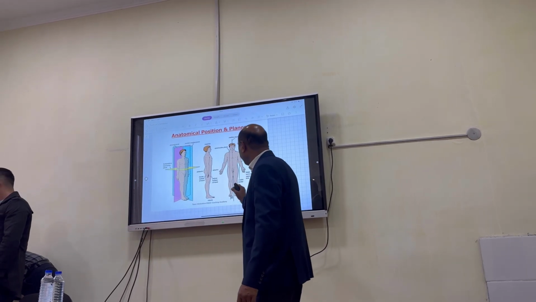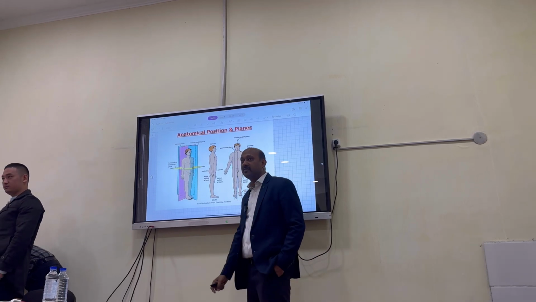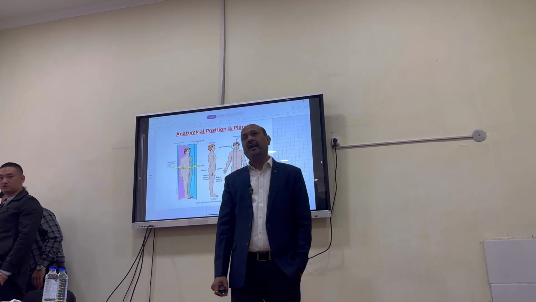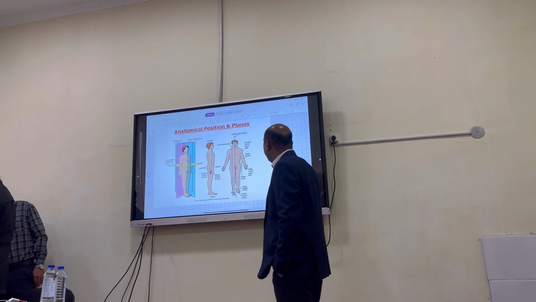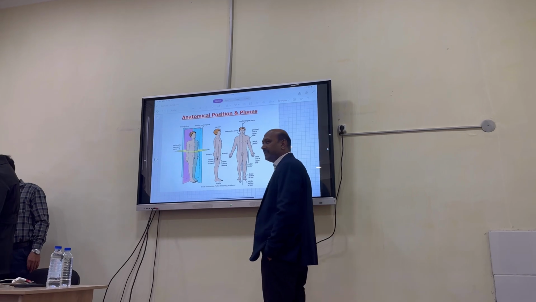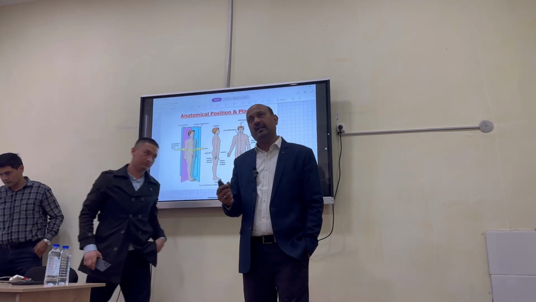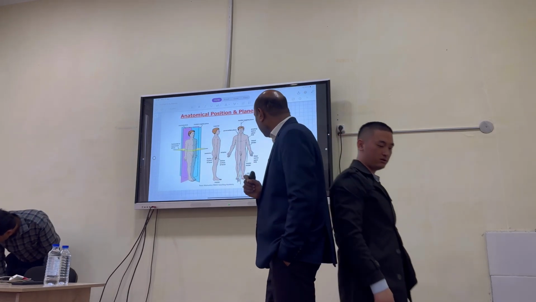This imaginary plane in the center is known as the midline or mid plane. It is also known as the median sagittal plane, but normally we use the term mid plane, right?